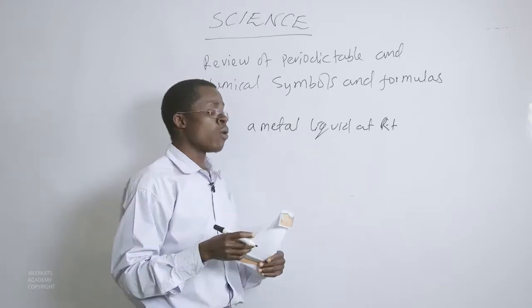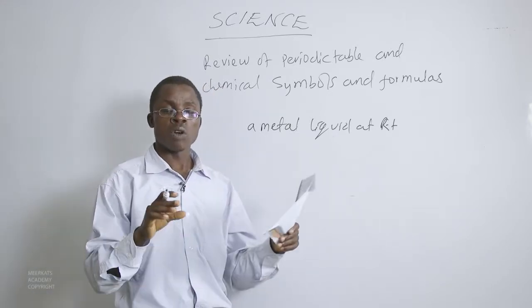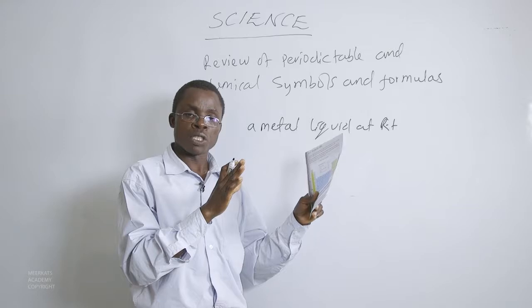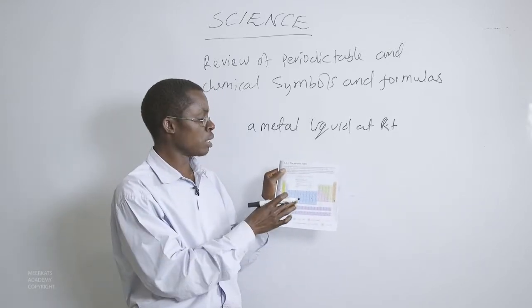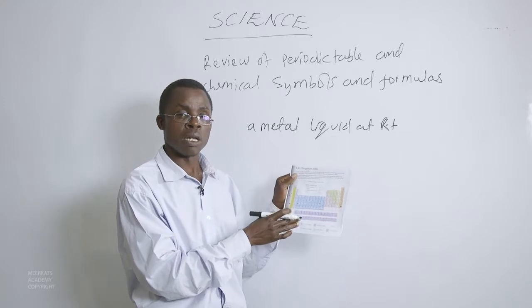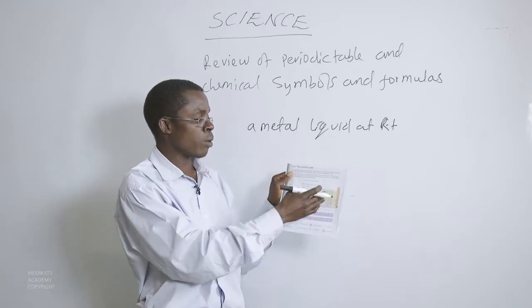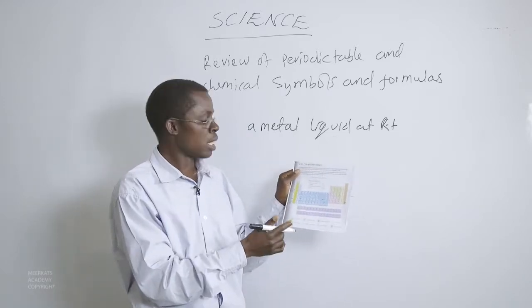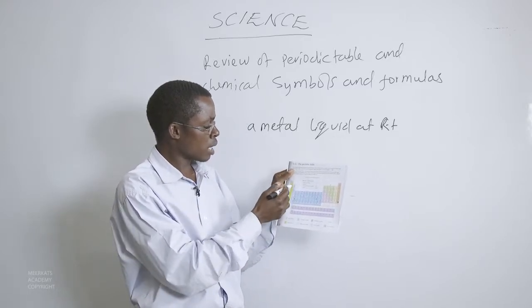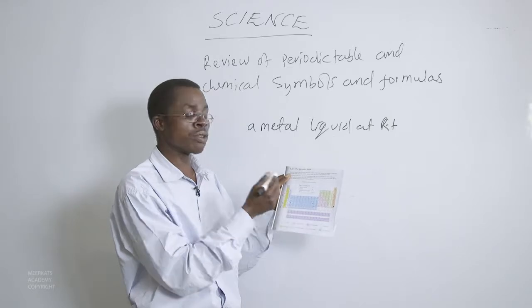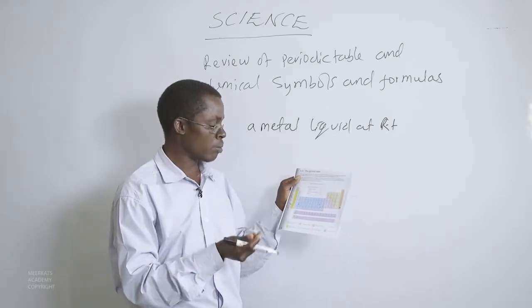So first of all, we have to check on the metal side. This periodic table is categorized into metals and nonmetals, and we also have the noble gases. Among the metals, we have the alkali metals, alkaline earth metals, and the transitional metals or elements.